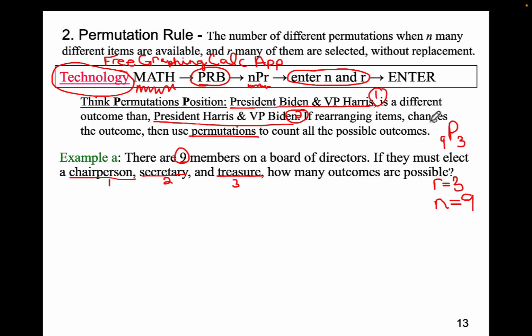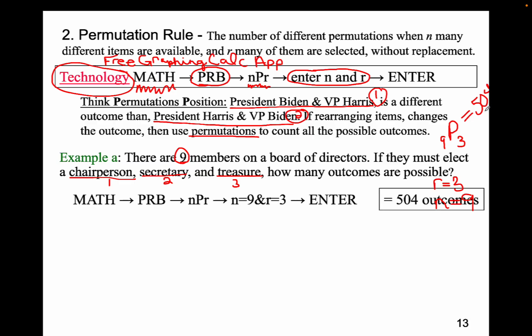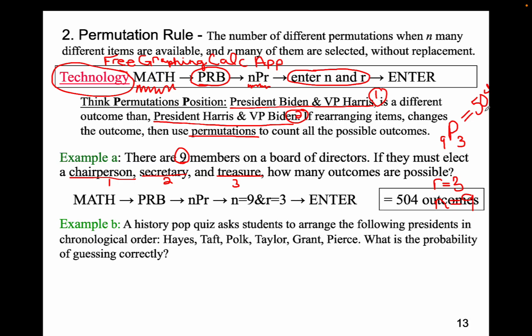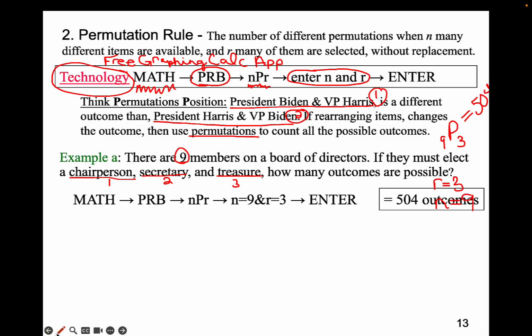When I run that program, it's going to give us a count. Mine came out as 504. So, given 9 board of directors, if you select 3 of them for different positions, that is 504 permutations. Let me erase some of my stuff here. It's kind of cluttered.